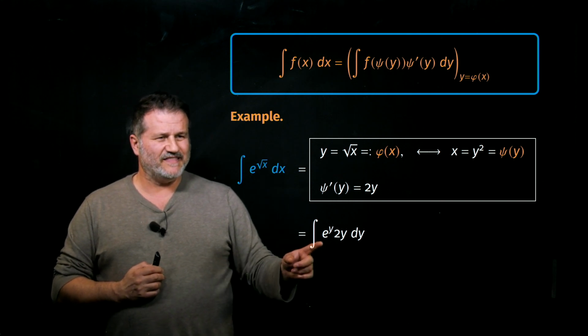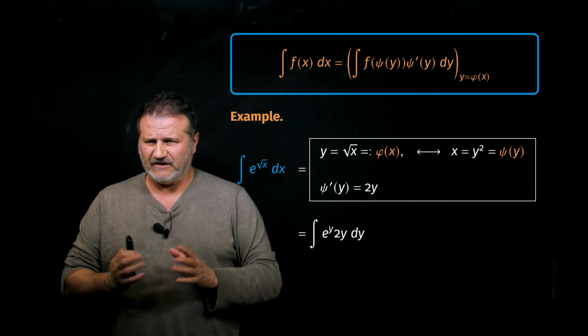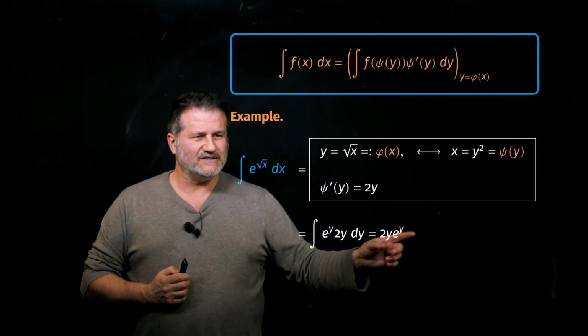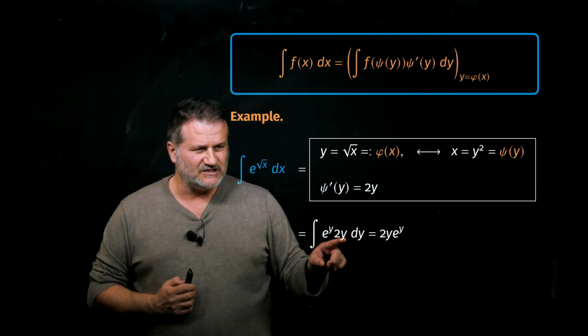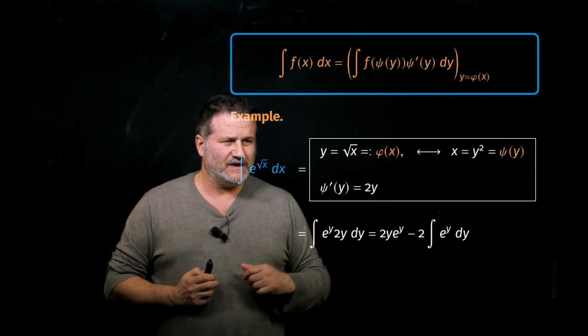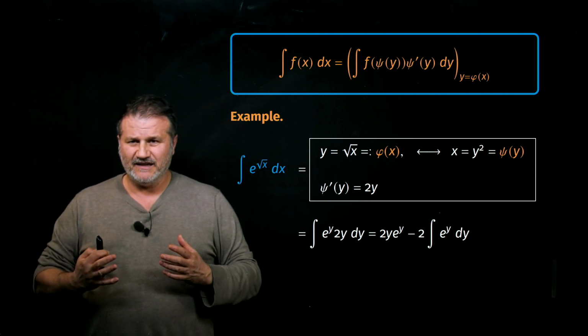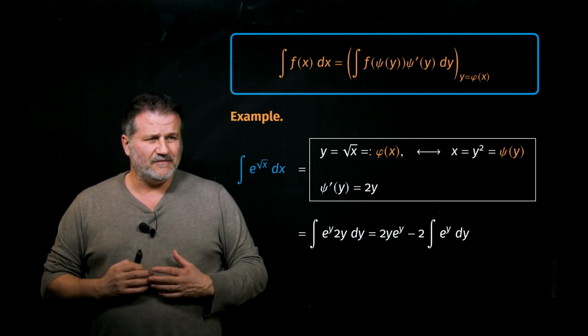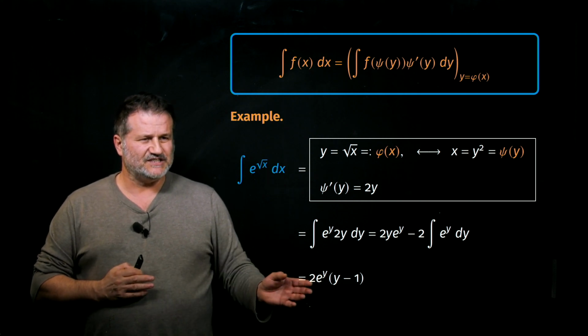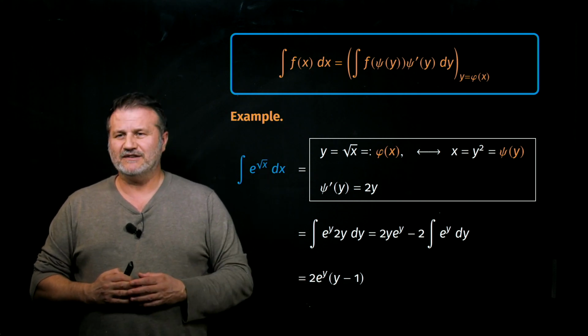In fact, we may think that e to y is the derivative of itself. Therefore, this is 2y e to y minus, now the derivative moves from the exponential to 2y. The derivative of 2y is 2, so we get this, minus 2 times the primitive of e to y, which is now the primitive of an elementary function, so we get, finally, this result, 2 e to y times (y minus 1).